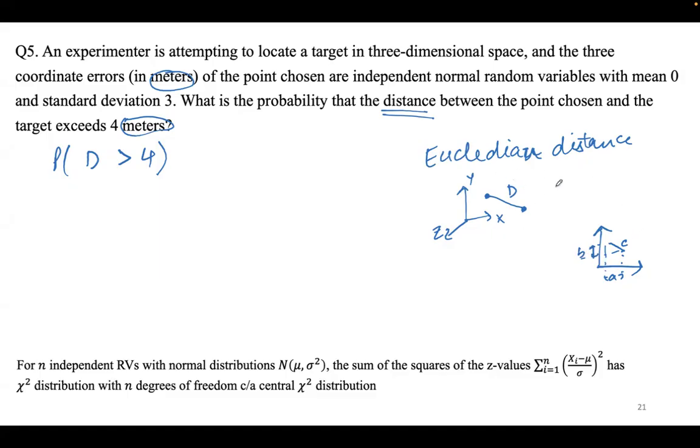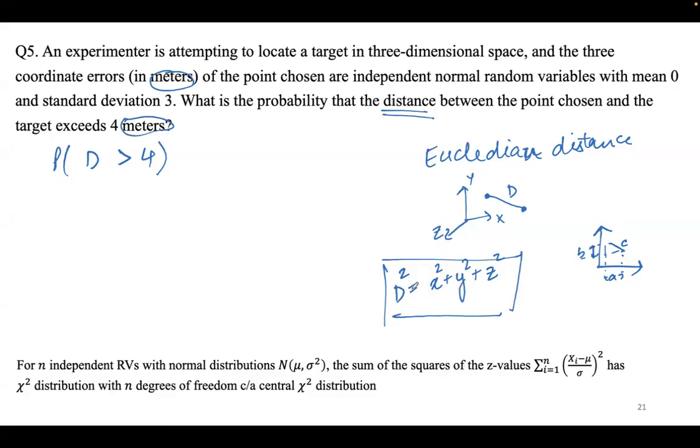And you know, A square plus B square is equal to C square. Likewise, for 3D, it holds the same formula. So D square is equal to X square plus Y square plus Z square. You can say Euclidean distance, or you can say the three-dimensional variant of the Pythagoras theorem. So this is another formula that we are using in this question.